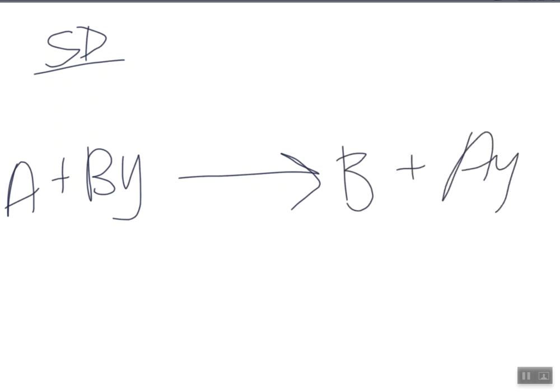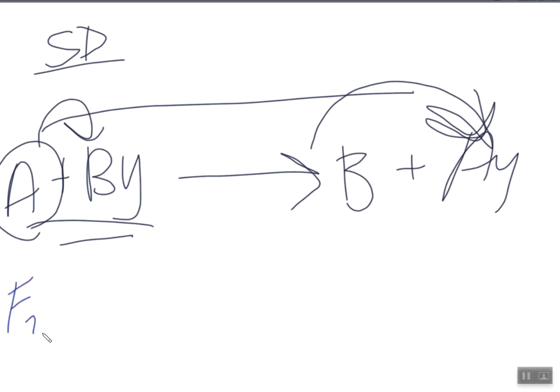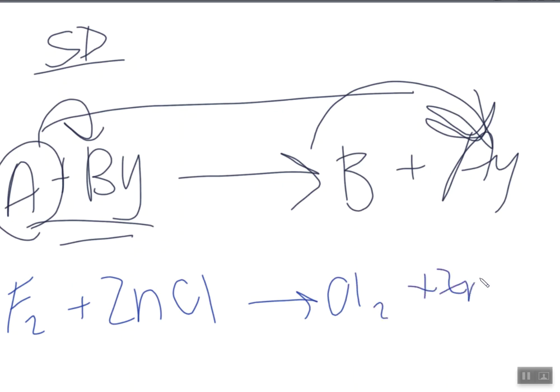As you can see, A replaced B here. So A used to be A plus BY, and then A replaced B here. So that's single displacement. An example of this would be fluorine, or F2, plus ZnCl goes to Cl2 plus ZnF.